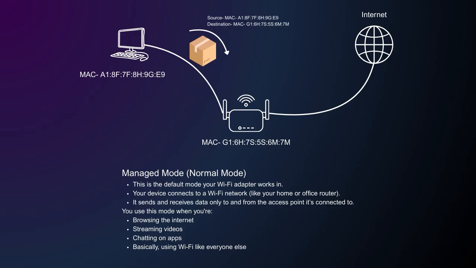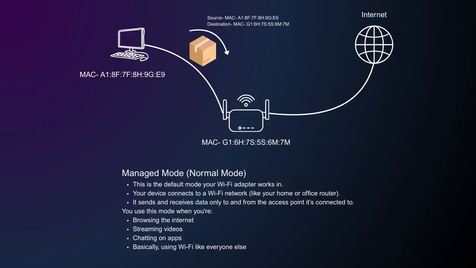And in this slide, as we can see, we have managed mode, that is a normal mode. So managed mode is normally enabled by default in your Wi-Fi adapters, because as normal users we use a network adapter or Wi-Fi adapter only to access normal websites, to surf Google, stream videos, chat on applications, and basically use Wi-Fi like everyone else.